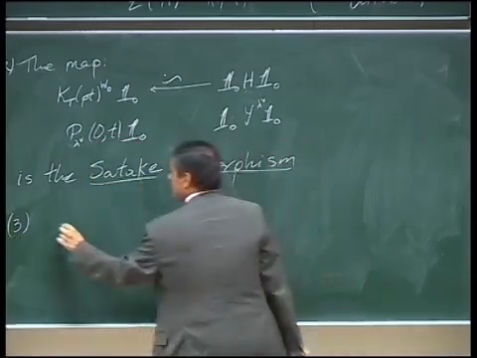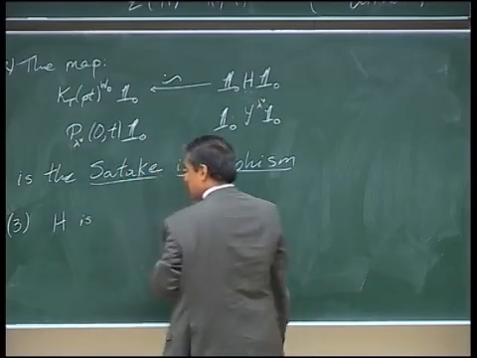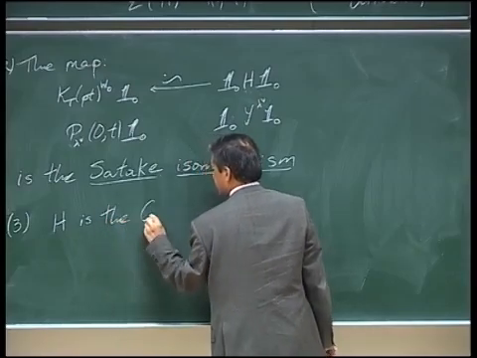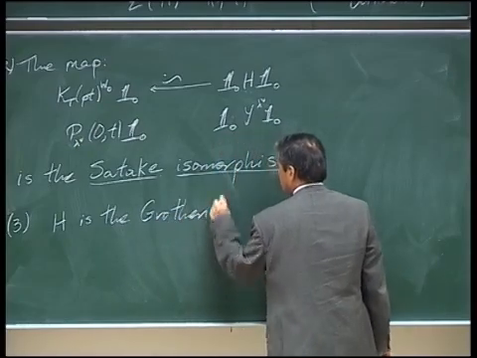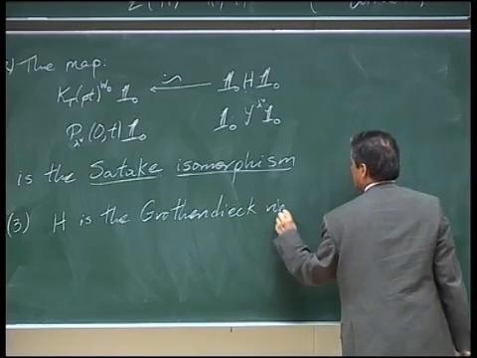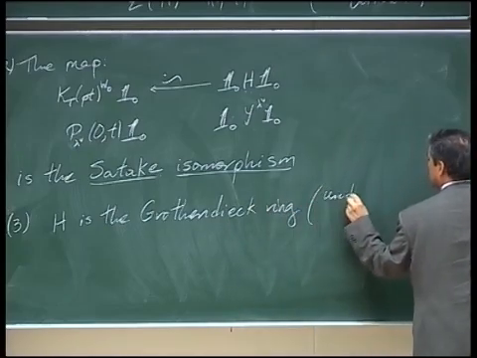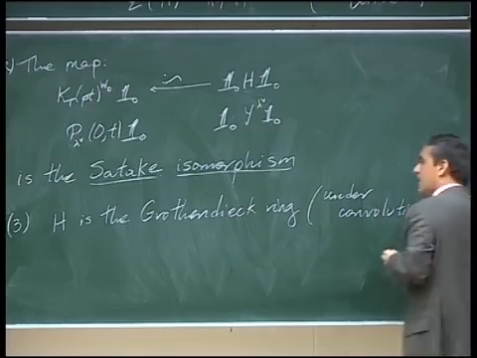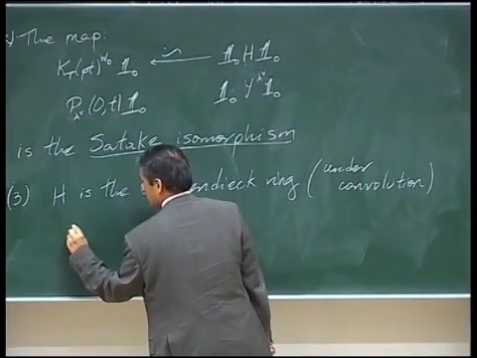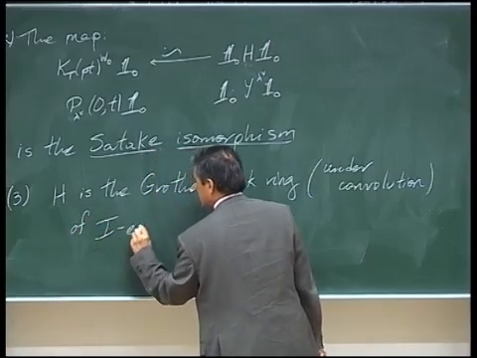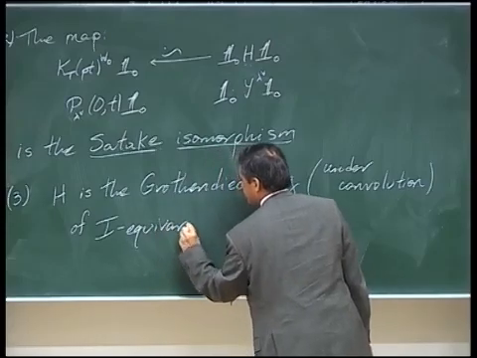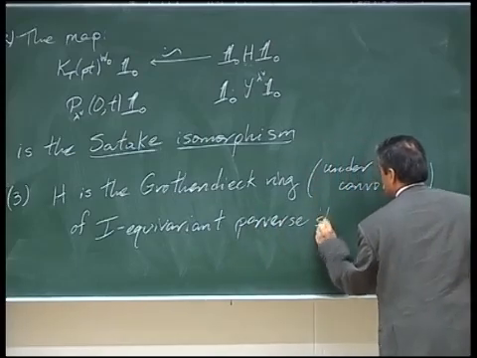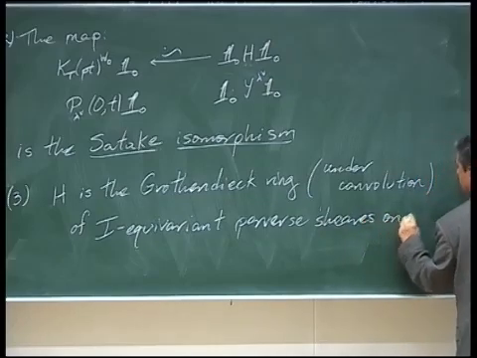So the next remark is that H is the Grothendieck ring, so I'm viewing here under convolution, of I equivariant perverse sheaves on the affine flag variety.